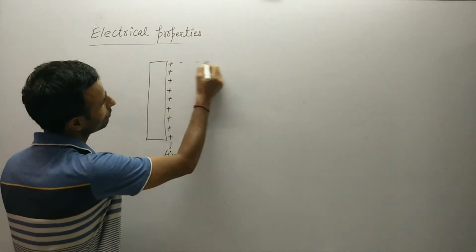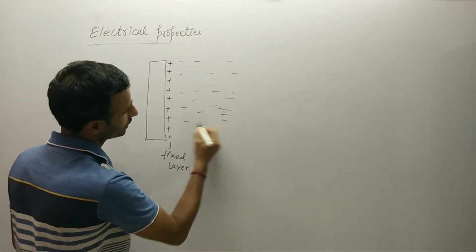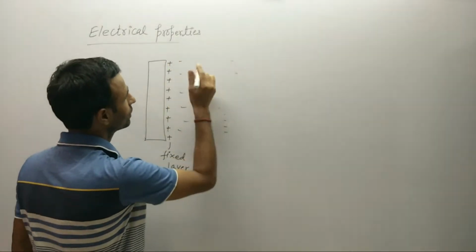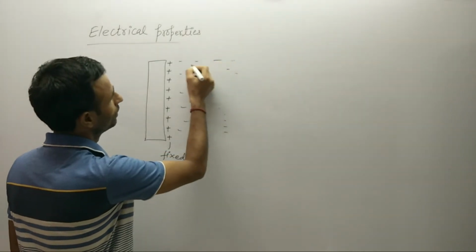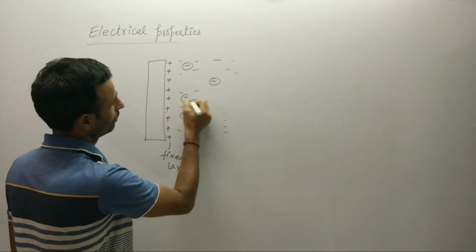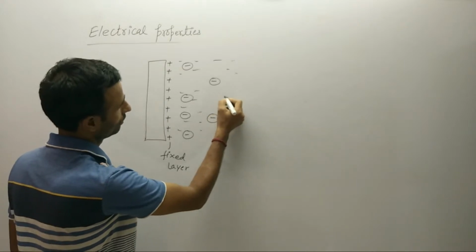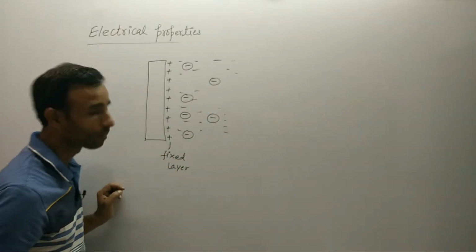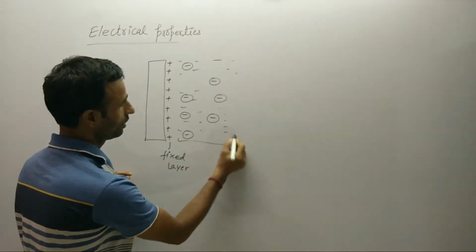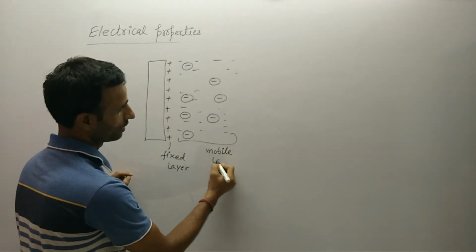Now in the dispersion medium, if the dispersed phase has positive charge, the dispersion medium has negative charge. That means there is a negative charge on it, and it is called the mobile layer.